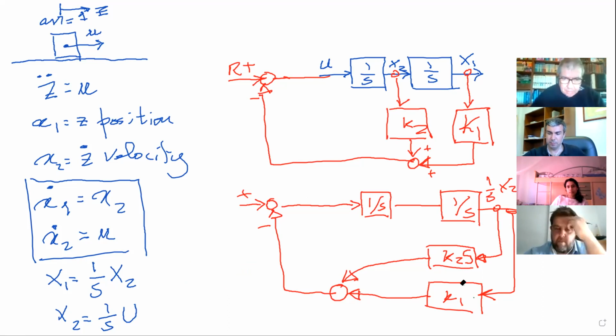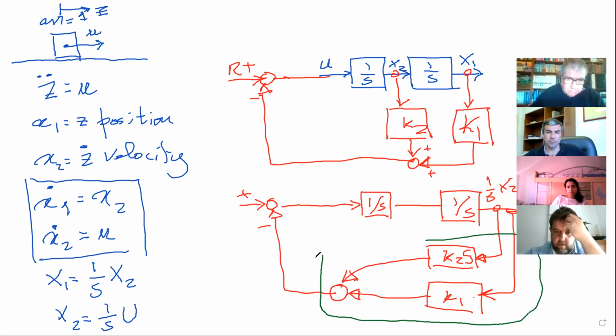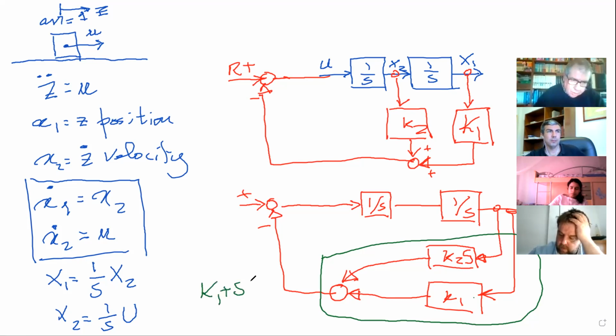Now I have 2 blocks in parallel. So I'm going to replace these 2 blocks in parallel by their sum. So I would say that these blocks in which x1 enters, so let's clean this stuff here, is the same as k1 plus s k2.